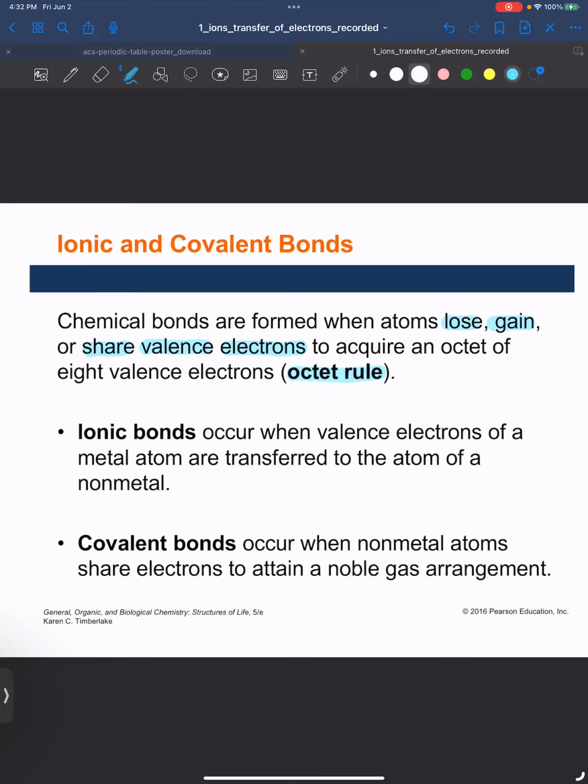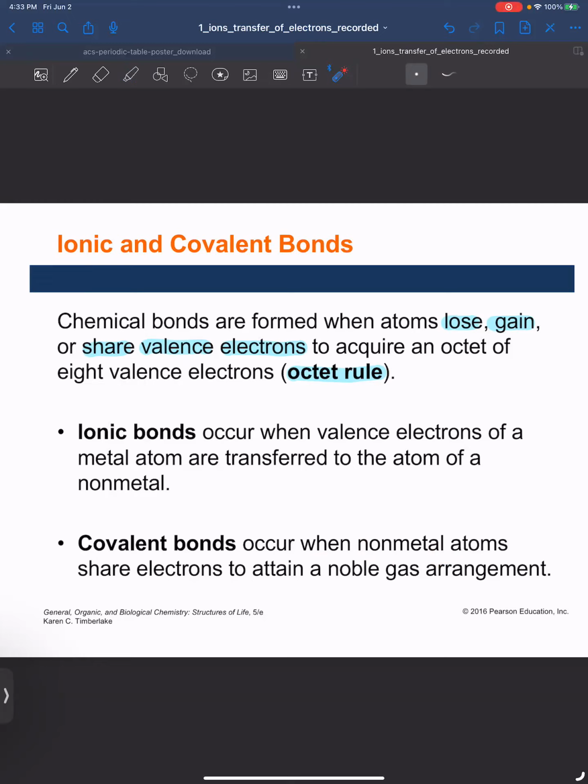All right, so ionic bonds occur when valence electrons of a metal atom are transferred to an atom that's a nonmetal. So your knowledge of identifying metal and nonmetal will be helpful here. And covalent bonds occur when nonmetal atoms share electrons to attain a noble gas arrangement.